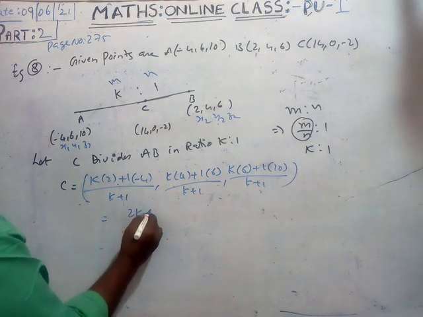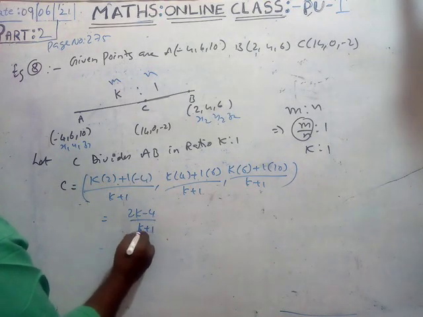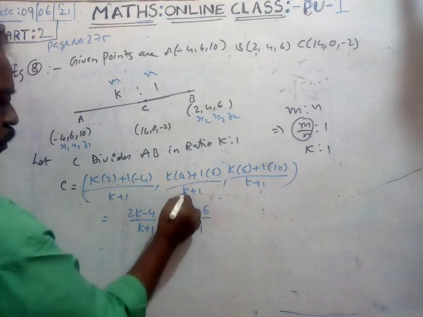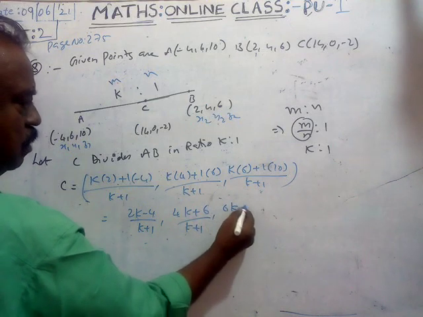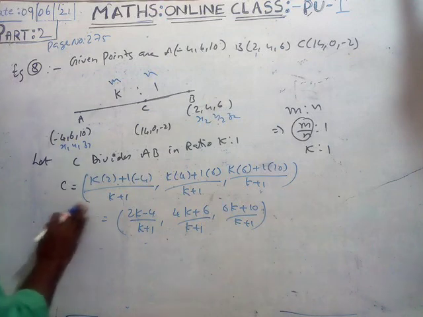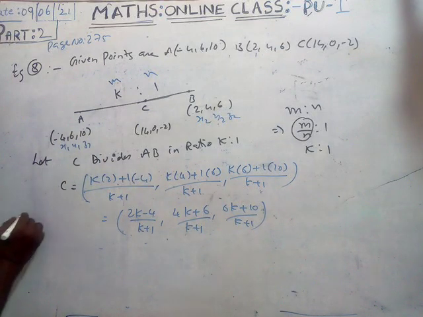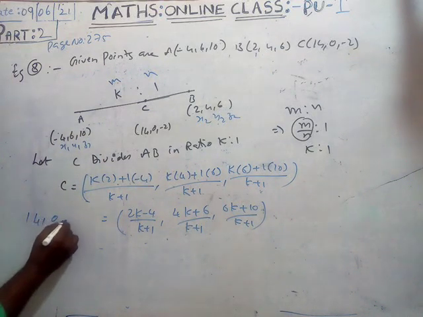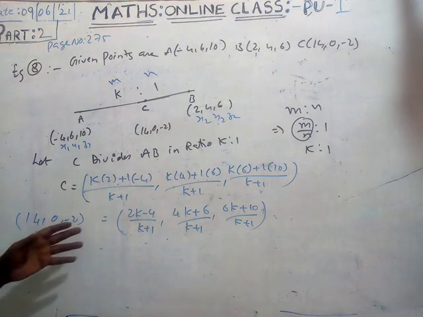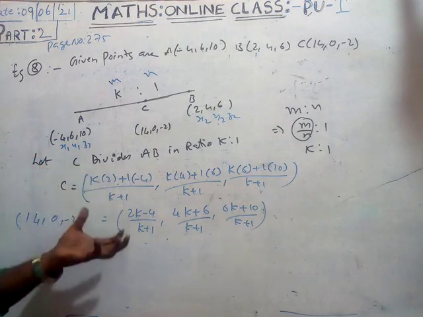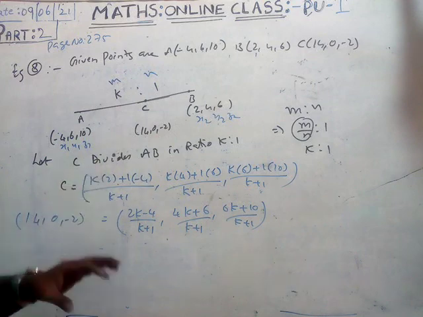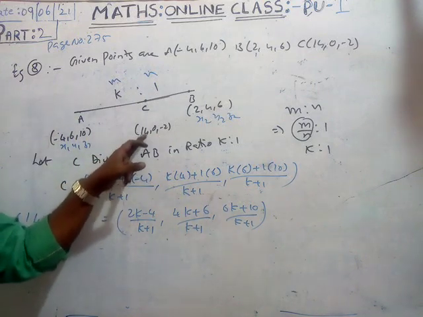Okay now? This is 2K minus 4 by K plus 1. This is 4K plus 6 by K plus 1. This is 6K plus 10 by K plus 1. Okay now? But actually what is C? C we know it. It is 14, 0, minus 2. Okay, na? We don't know, first of all. We are proving that C is also lying on A and B, with these coordinates.